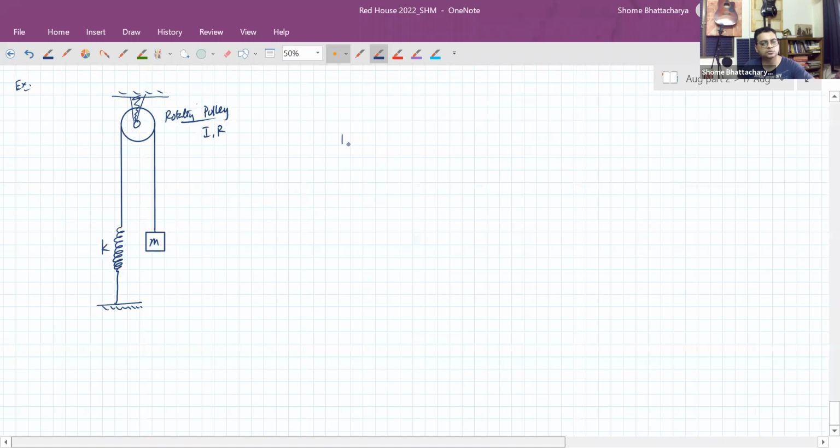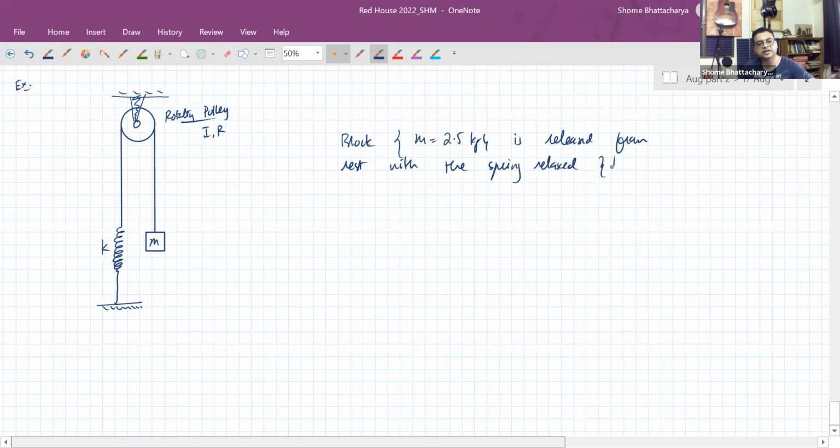Now the block, let's take the mass of the block to be 2.5 kg, is released from rest with the spring relaxed.